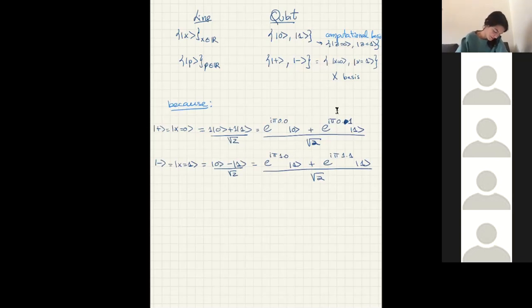So what this gives us is that some vector x is going to be, in general, the sum over all the z's from 0 to 1 of e^{iπ x z}, z.